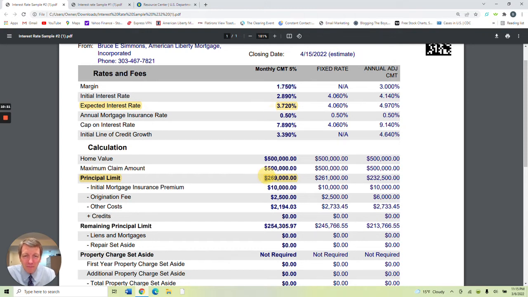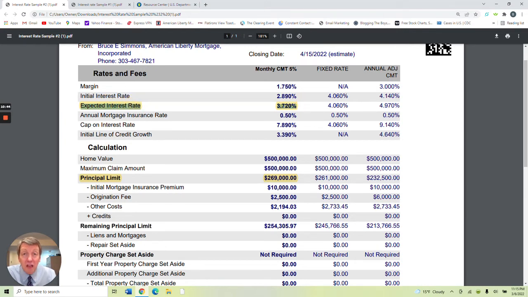Essentially, the bottom line is about an $8,000 difference if you apply for your loan on Monday, March 7th compared to Tuesday, March 8th. If you wait till Tuesday, you'll get an extra $8,000. Because what we do is we lock this expected rate effective as of the date of the application.